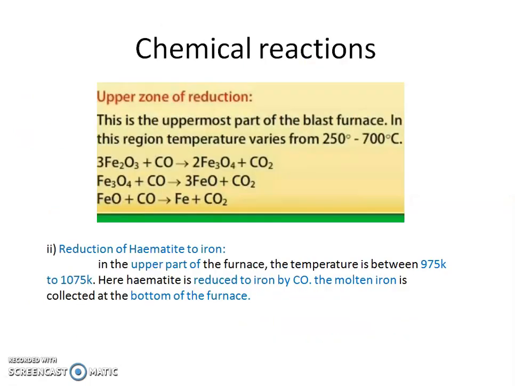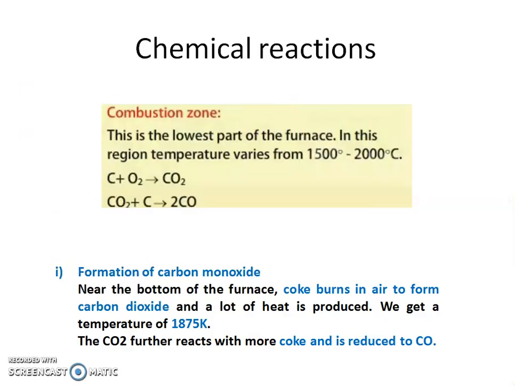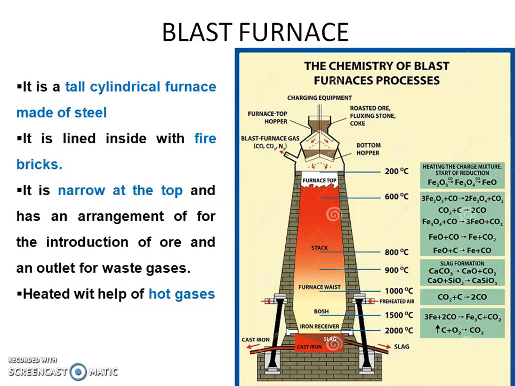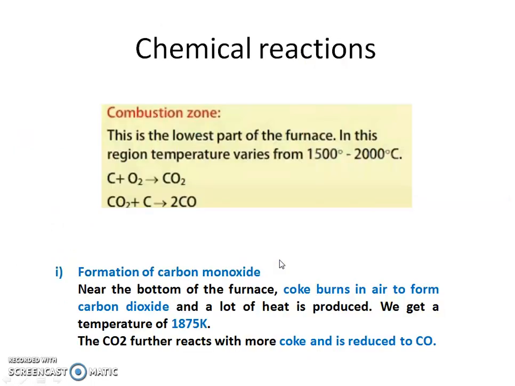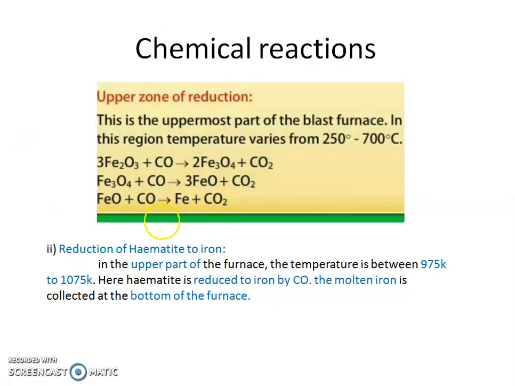In the topmost zone of the blast furnace, from 200 degrees Celsius to 800 degrees Celsius, the reduction will happen. This reduction process happens in the upper part of the furnace. The temperature is between 975 degrees Celsius and 1075 degrees Celsius. Here, hematite is reduced to iron by carbon monoxide. The molten iron is collected at the bottom of the furnace.